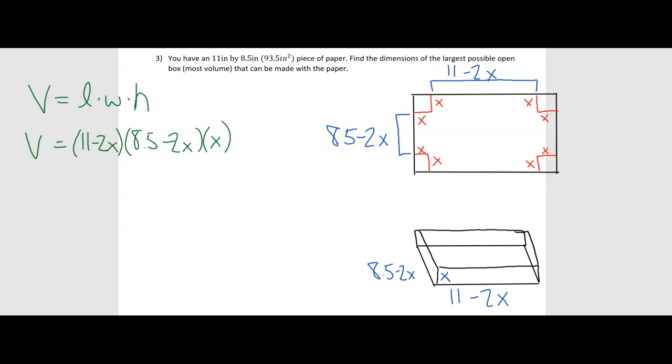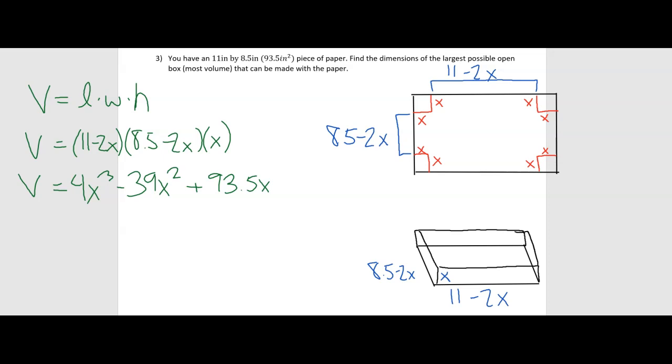And if you go through and multiply these 3 factors together, I end up getting volume is equal to 4x cubed minus 39x squared plus 93.5x. And I don't think we need to go through all those steps in the video. You could just go through the distributing on your own, but that's what we should end up with.